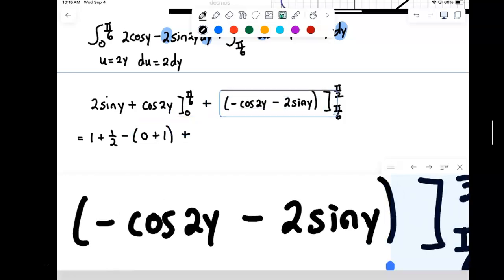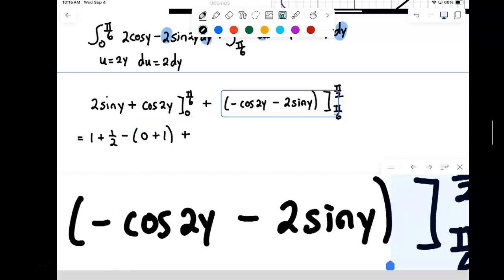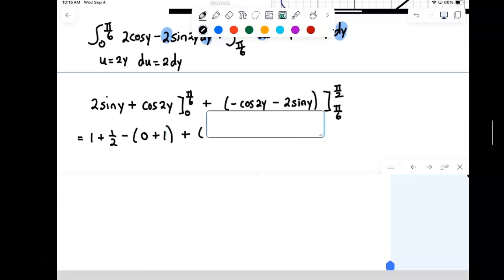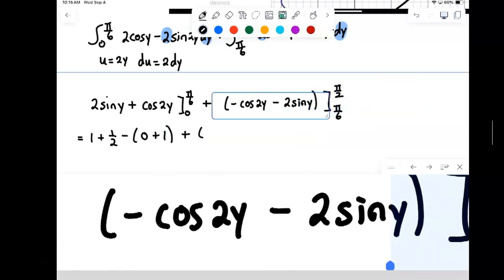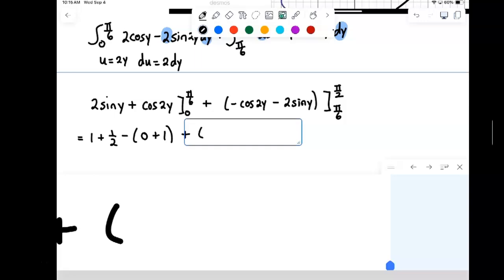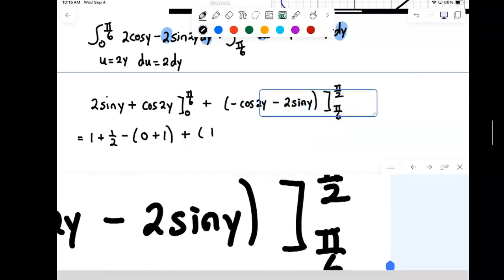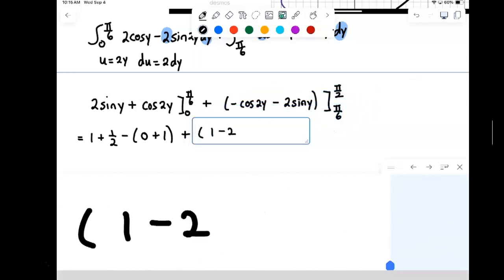And we move to the second piece here. Plugging in first pi over 2, cosine of twice pi over 2 would be cosine of pi. Cosine of pi is negative 1. So we'll put down 1. And sine of pi over 2 is 1, so minus 2.